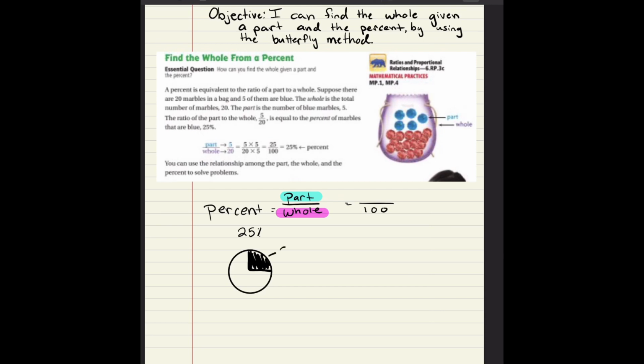The part of it is the 25%, but the whole thing is 100% of the pie. So then it would be 25 over 100. If you were even to think about it as candy bars, 100 pieces of candy bars, and I ate 25 of them, the part is 25 out of the 100.